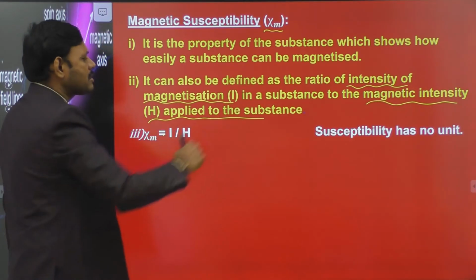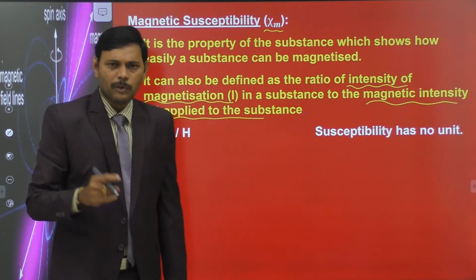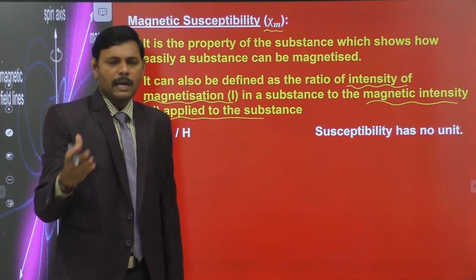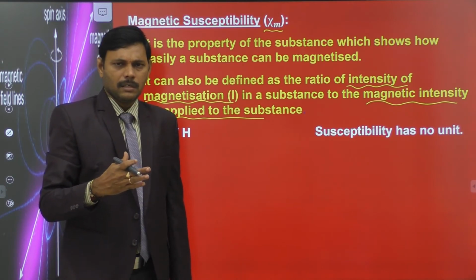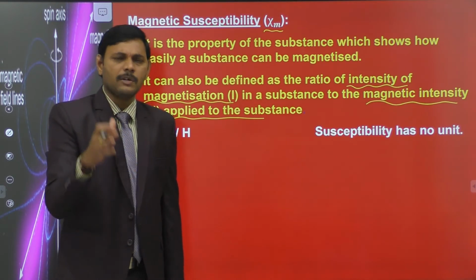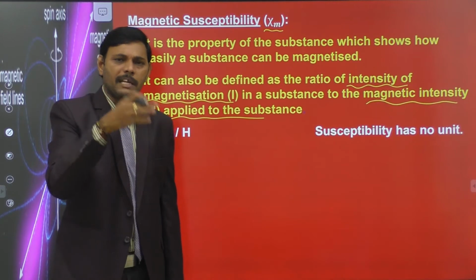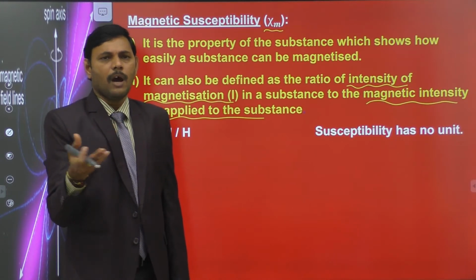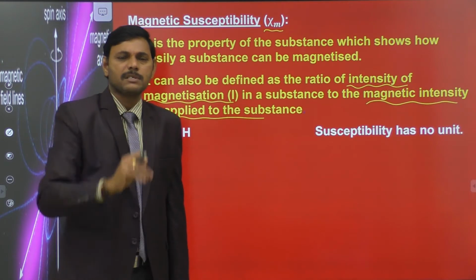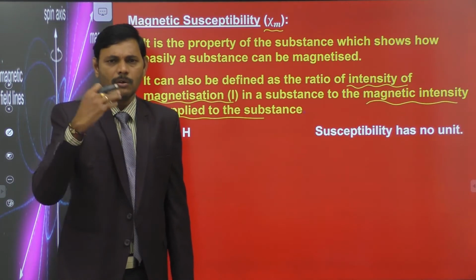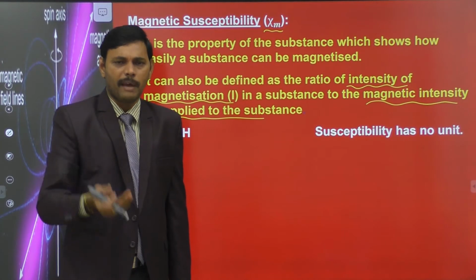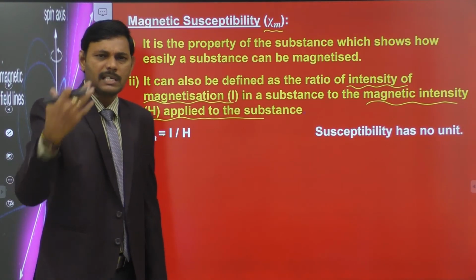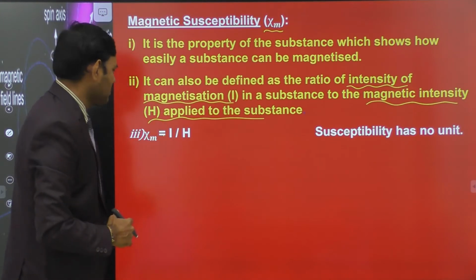There are no units for susceptibility. Therefore, relative permeability and susceptibility don't have any units. Relative permeability belongs to the medium, and susceptibility tells how easily the substance gets magnetized. We know about the acquiring of magnetism by using susceptibility.